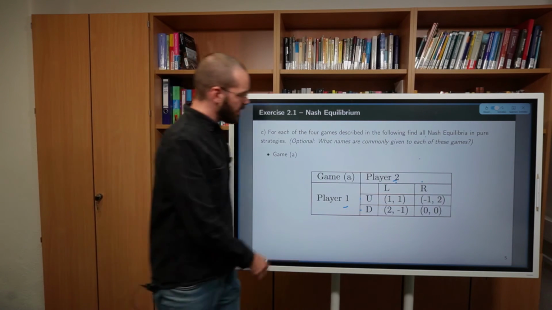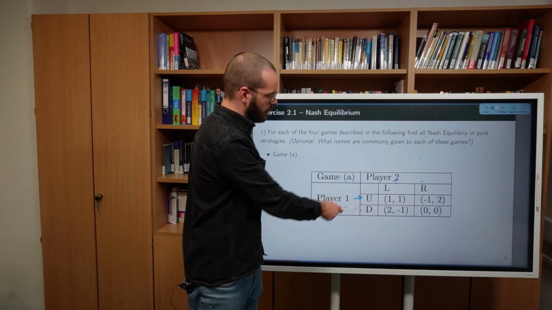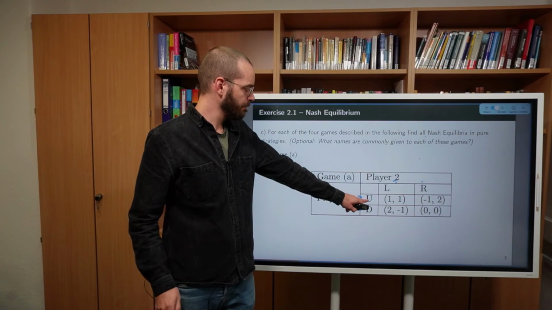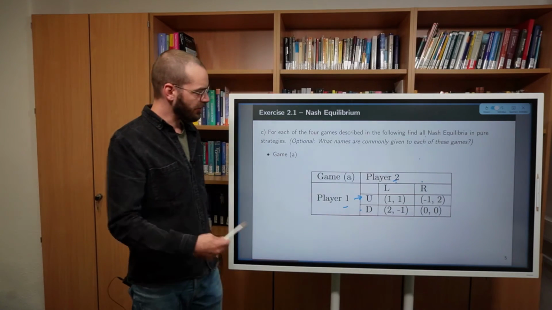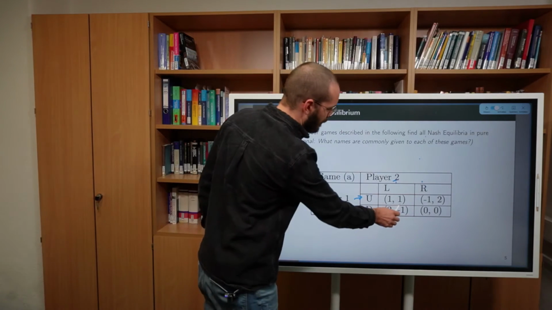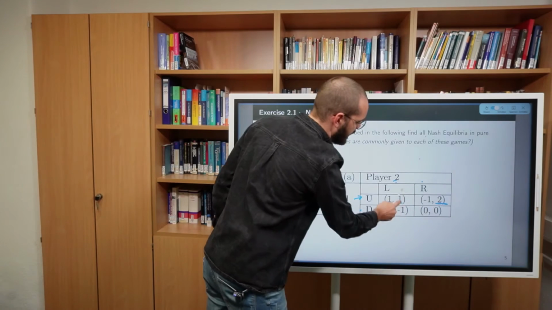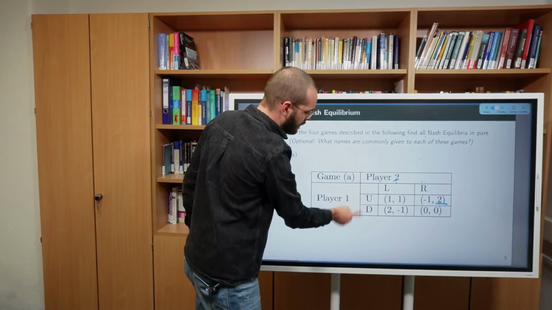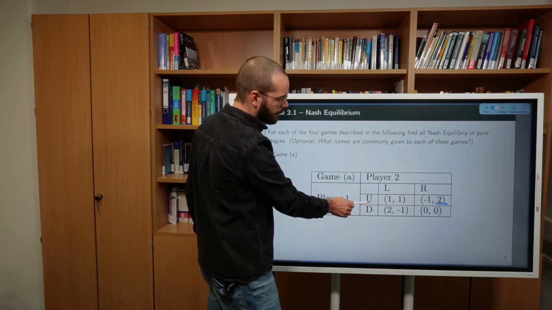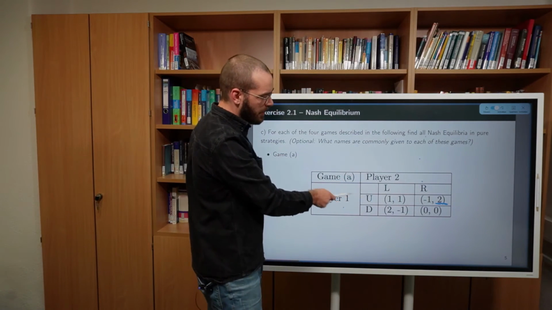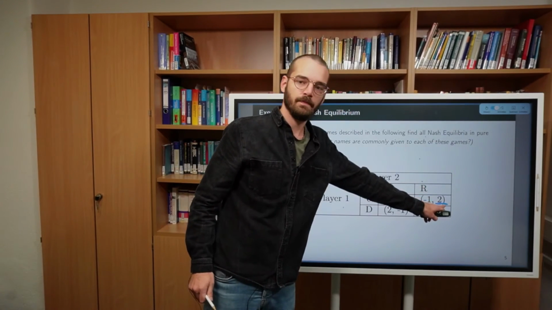Let's first consider a situation where player 1 is choosing to play the strategy up, so the upper strategy. What is the best response of player 2? Now we have to compare a payoff of 1 with a payoff of 2, so obviously given player 1 chooses to play the upper row, the best response of player 2 is to choose the right strategy.